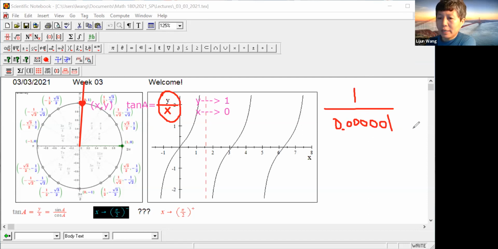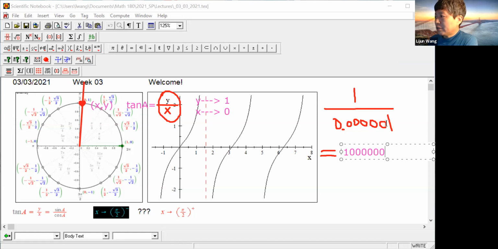1 divided by a very, very small number. What is it going to be? Very large. Do you follow me? Very large, 1 million.